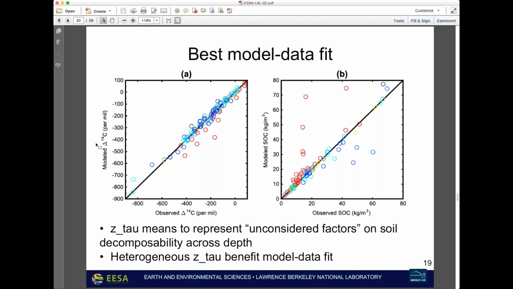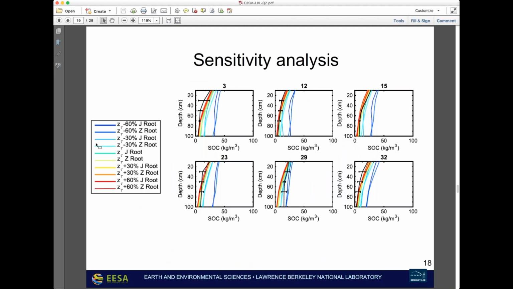If we allow the Z-tau to change, we can mostly get the 14C correct, and 12C is less accurate than the delta 14C, but it is much better than the consistent Z-tau sensitivity or parameterization scheme.